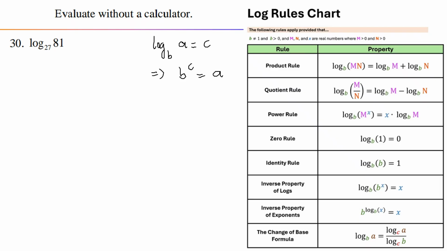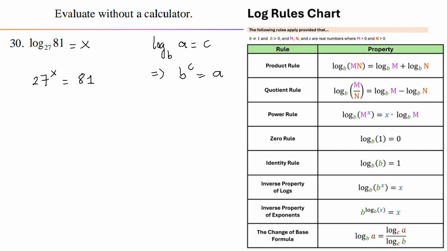So let's say I call the answer x. I will have 27 to the power of x equal 81. The base is 27, c is x, and a is 81.